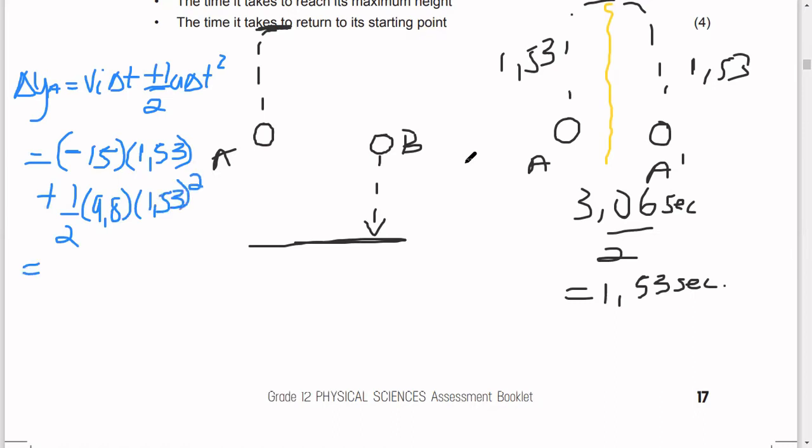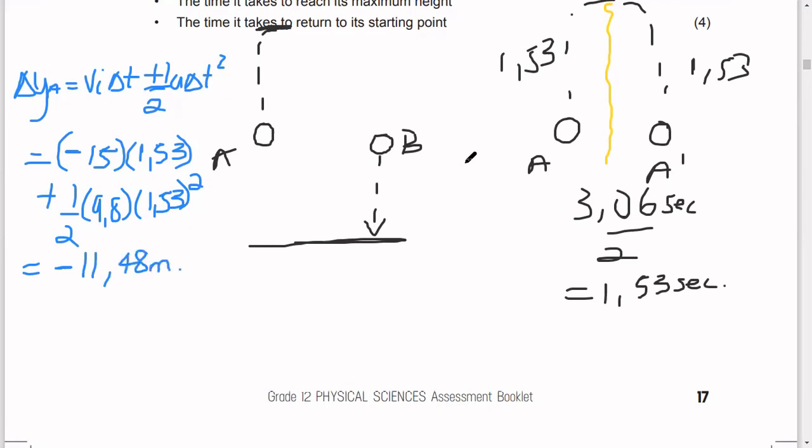I'll punch that into my calculator, giving me negative 11.48 meters.